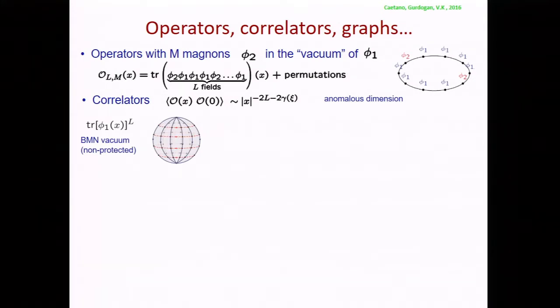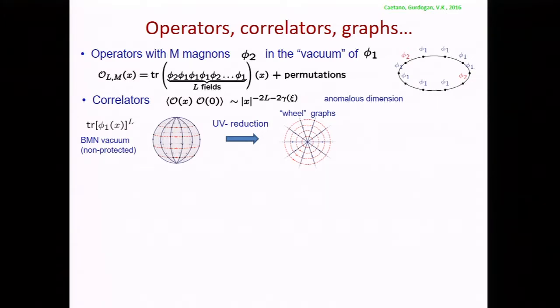It's easy to see that if we, for example, study the BMN vacuum operator, trace phi 1 to the L, the only possible graph for this correlator is this kind of a globe type. You have phi 1 lines going from 0 to x, and then the only possibility to turn on interactions is to have phi 2 lines, dotted red lines, and at each crossing you have an interaction vertex. So it's a multi-loop graph, which in principle we should be able to compute using integrability.